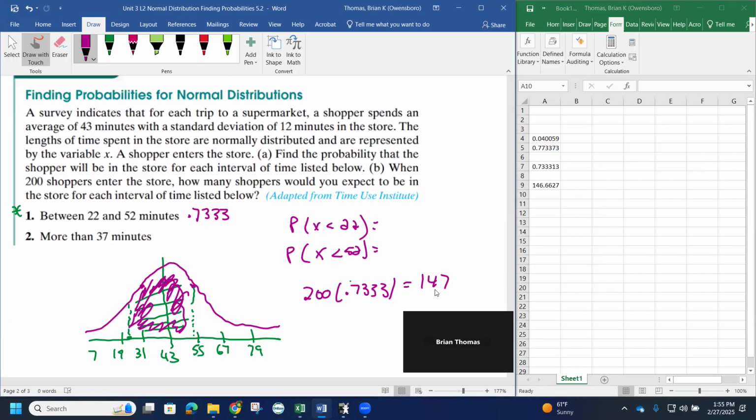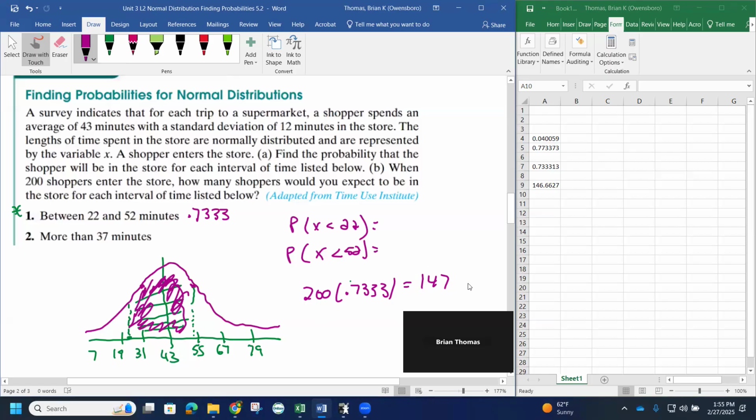So that's how we can use Excel: we find the cumulative probabilities, subtract them to get the in-between probability, and then multiply that by 200, and that will give us the number of shoppers that we expect.